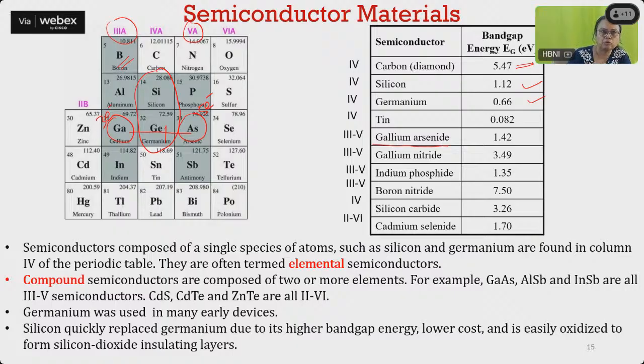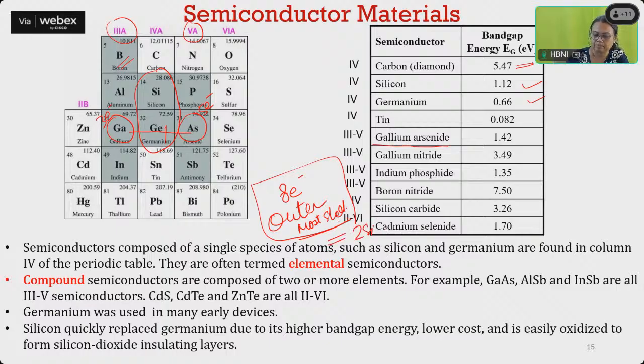When they combine, we have 8 electrons in the outermost shell, very much like 2 silicon atoms. Similarly we have gallium nitride, indium phosphide, boron nitride, silicon carbide. These are all compound semiconductors, and these are the elemental semiconductors.